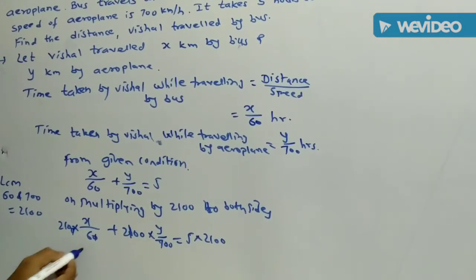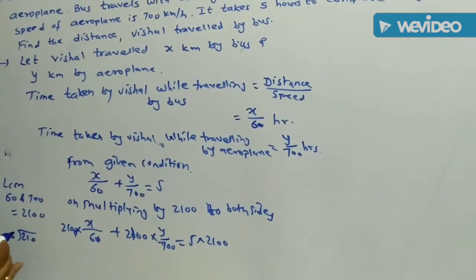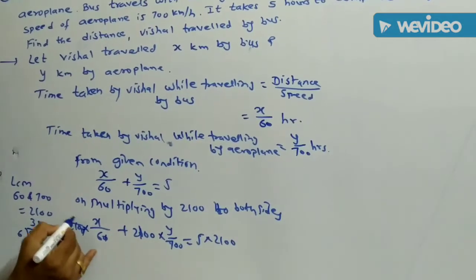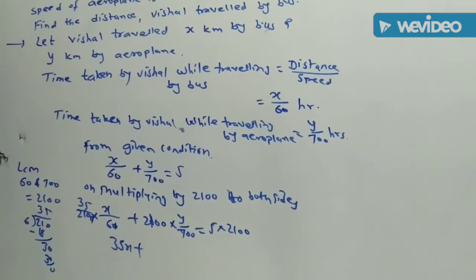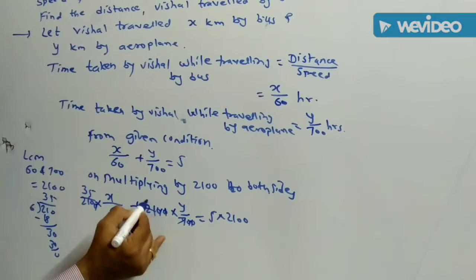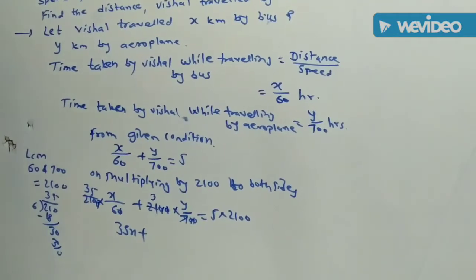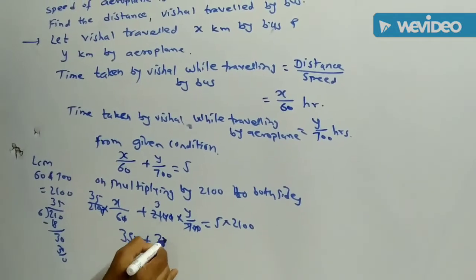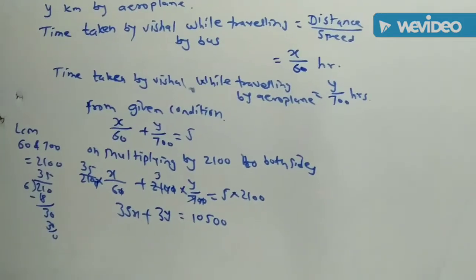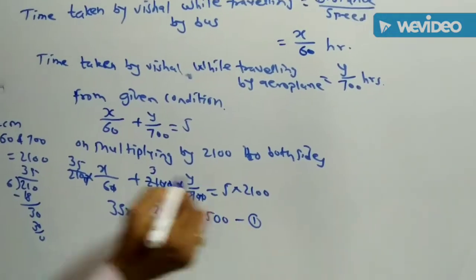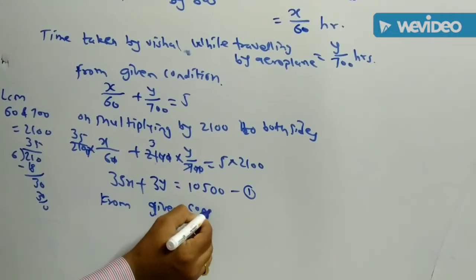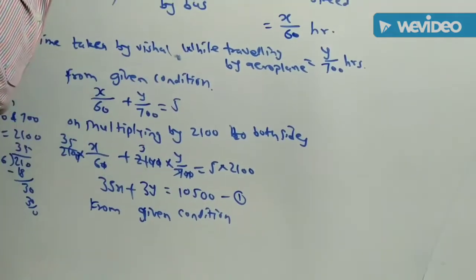Both 0s get cancelled. 210 divided by 6: 6 3s are 18, remaining 3, 6 5s are 30, so we get 35, that is 35x. Now 2100 upon 700: the 2 gets cancelled, 21 divided by 7 is 3, and therefore we get 35x plus 3y is equal to the product of 2100 into 5, that is 10,500. Equation number 1.